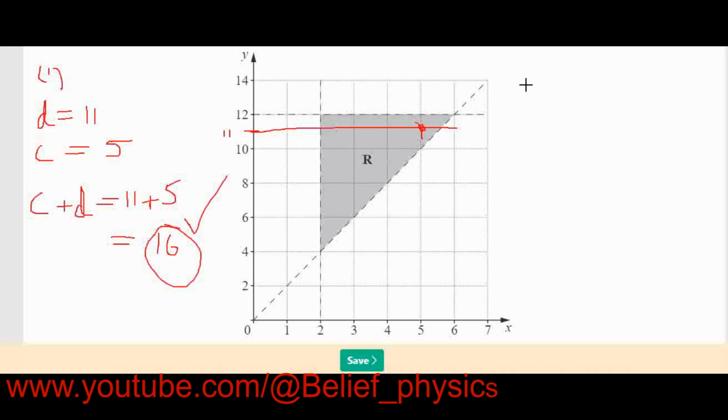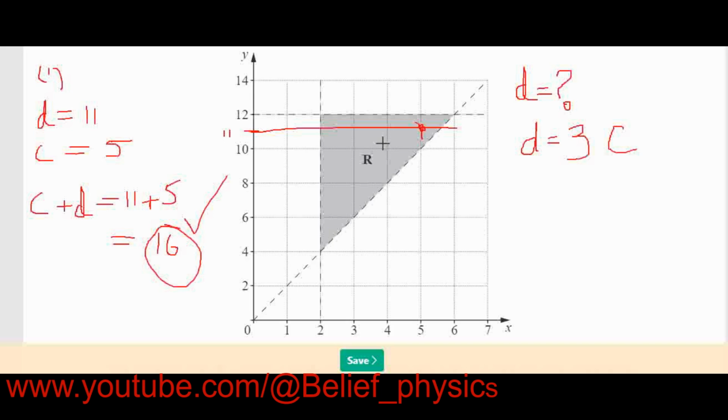We have to find the value of d such that d is equal to 3c. Okay, and c and d are integers. This is also given for both parts. So d is some multiple of 3.